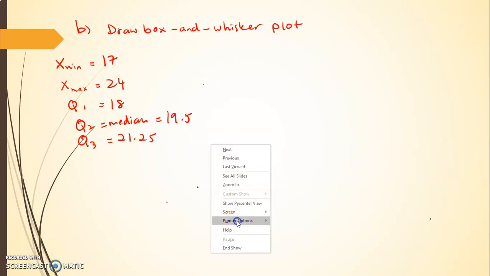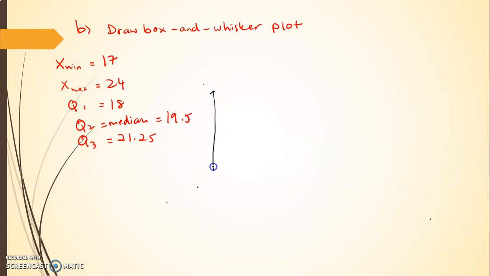For now, let's just imagine this is your graph paper. So you have these two axes, the y and x axis. Mark the minimum value first, 17. Let's say this is 17. And then mark the maximum value, let's say 17, 18, 19, 20, 21, 22, 23, 24. Let's say this is 24.